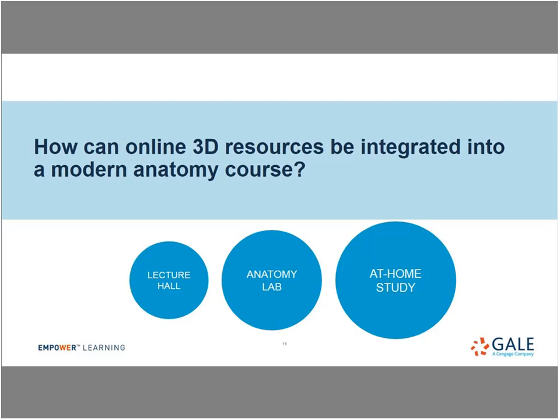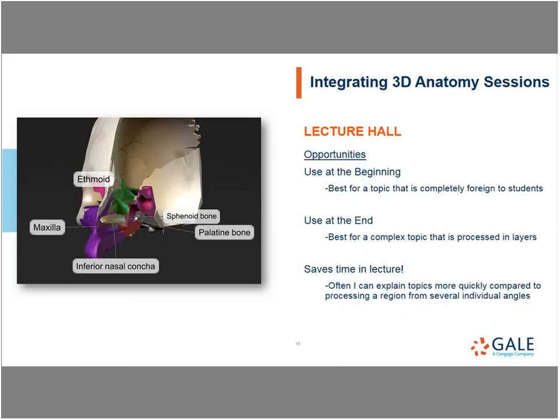As I mentioned before, I see opportunities in lecturing, in laboratories, and most importantly in at-home study. I'm going to talk about all three of these areas as we go through. In the lecture hall, I've found that these 3D visualizations are particularly useful in two places.